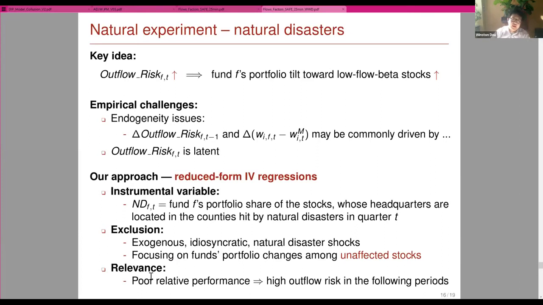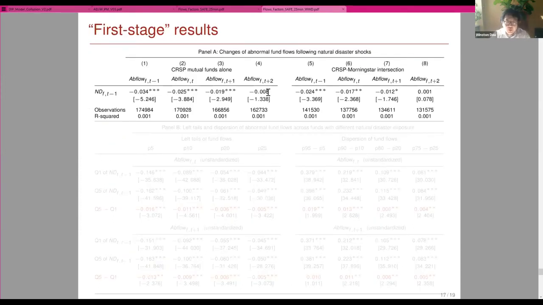The idea is that if a fund has a bigger share of holdings hit by natural disasters, it will have relatively poor performance in that period. It has been extensively shown in the literature that poor relative performance will lead to high outflow risk in the following periods. So in this table, we show the first stage results.